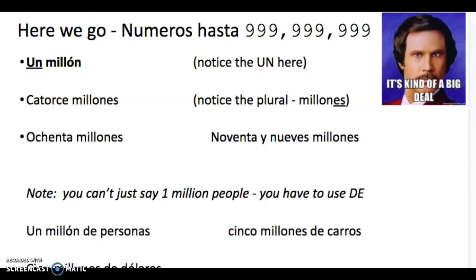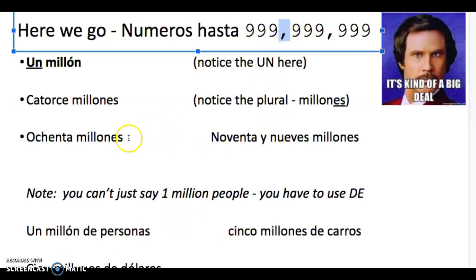Okay, so with your next step up, we're going to go to millón. The double L sounds like a Y, millón. Notice here that we do use un with millón. So that's going to be tricky. Remember, no un with mil, but we use un with millón. So un millón is 1 million. And again, think of it as your millions comma.